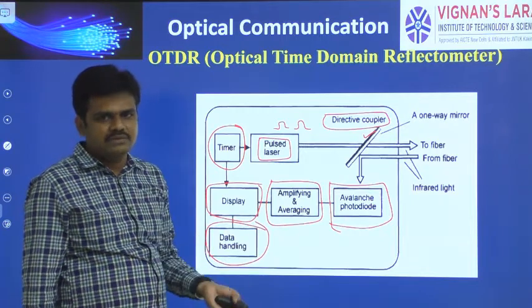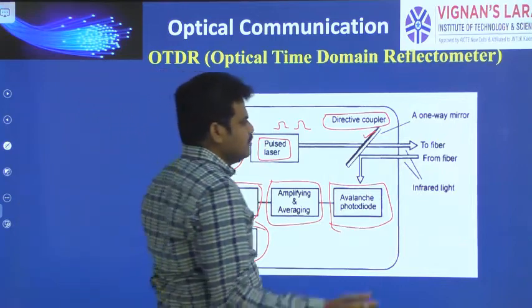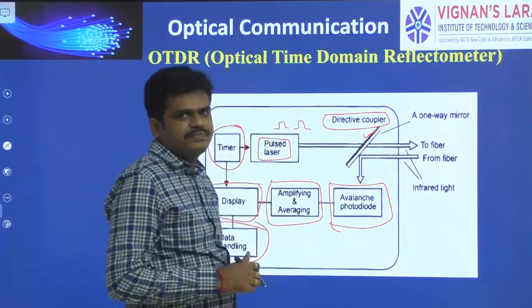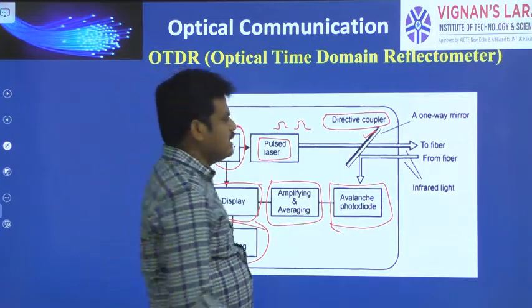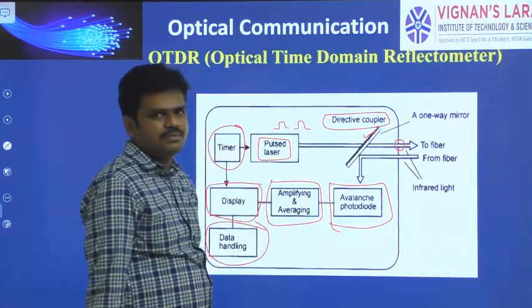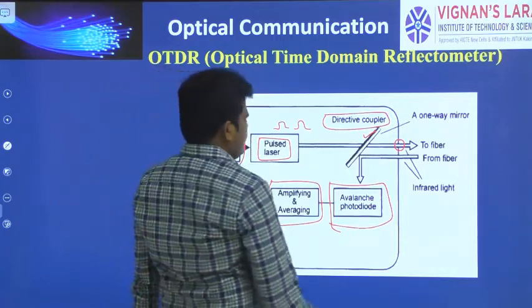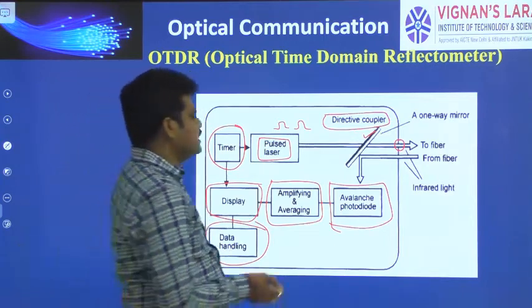Then what do we have to do? Our job is very simple. Bring the optical fiber cable whose attenuation is to be measured, connect it to the one port of the instrument, and switch it on.